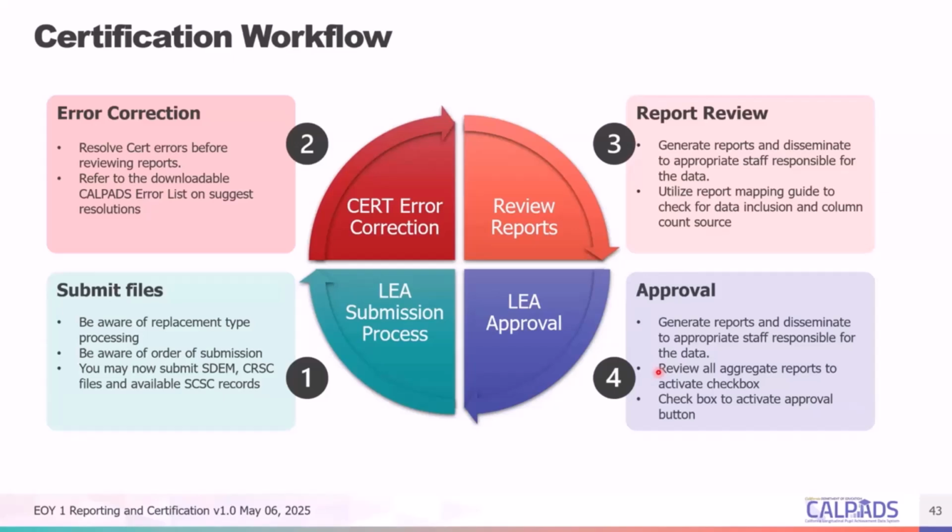Now, if you're a K to 8 school and your 7th and 8th graders are in self-contained classes, you are still required to certify end of year one with zero numbers on your reports. If I were you, if you are in that bucket, you only have K to 8 schools, and you see end of year one, I would certify them after this training.